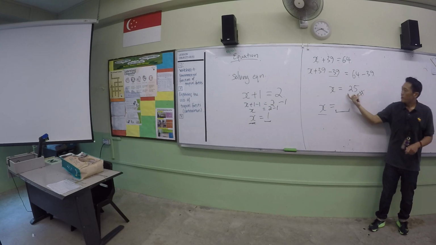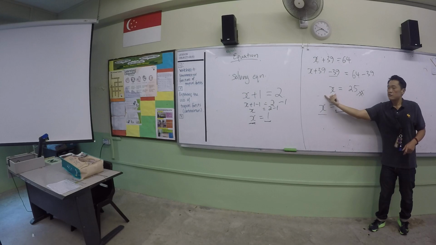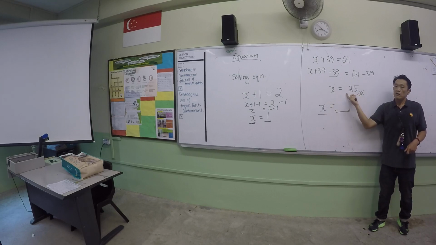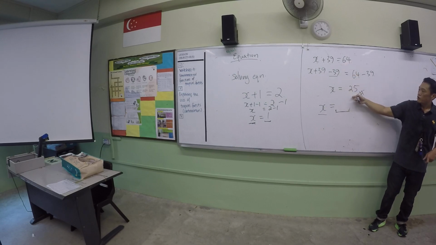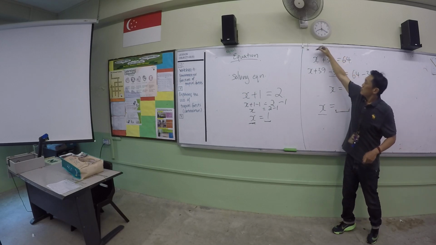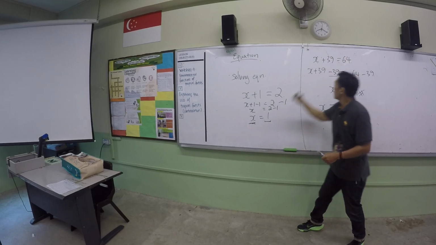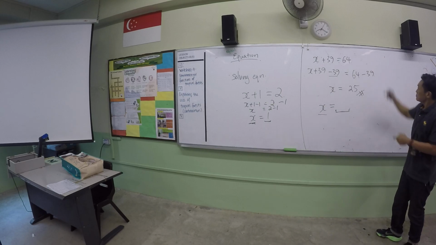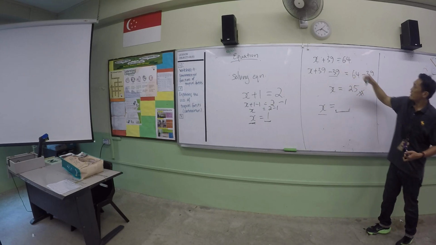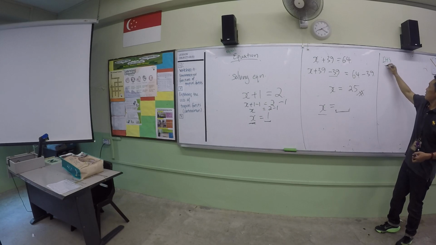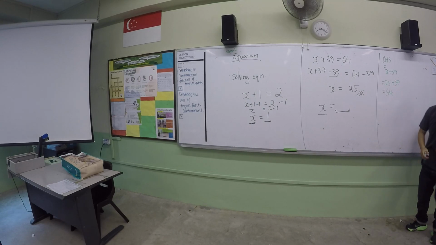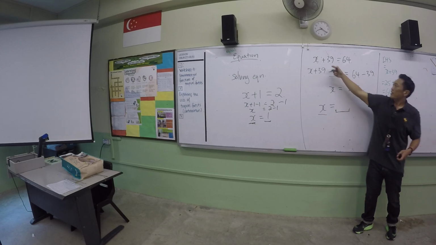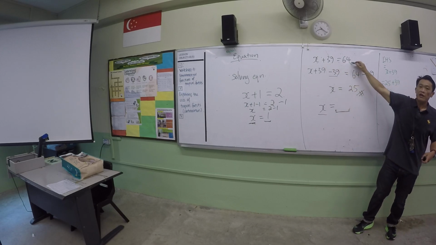So we have found out this is the value, x is the same as 25. This is correct if this is correct. So if you try, I put 25 back into here. Then if I calculate the left hand side, x plus 39 equals 25 plus 39 equals 64. This value will make the left hand side the same as the right hand side.